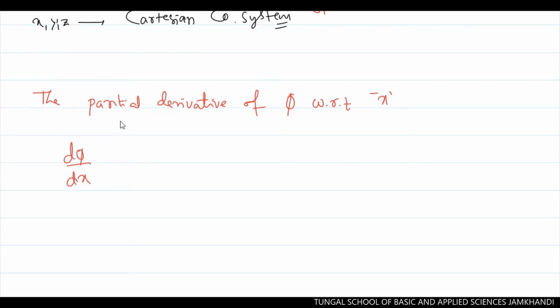If you take the partial derivative, it means keeping other quantities zero other than the one with respect to which you are going to differentiate.